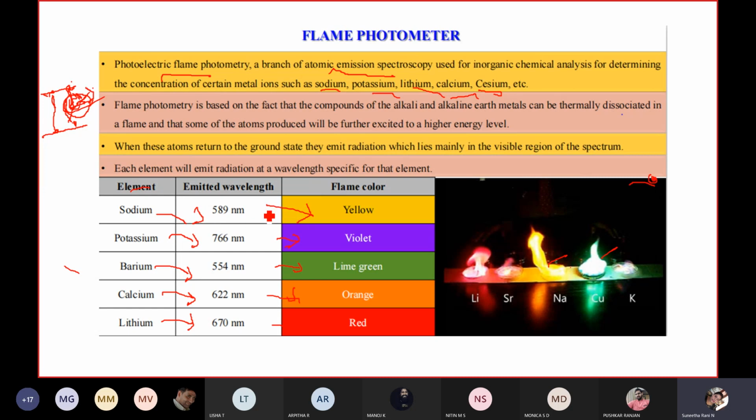This wavelength is caught by the instrument, which is the flame photometer.